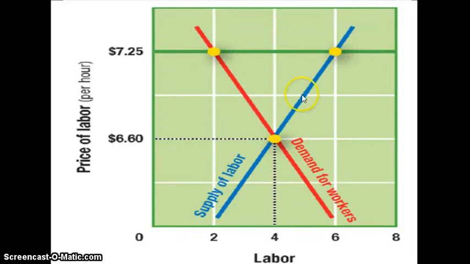So this is where the surplus happens, and really the only way to change the surplus is to either increase jobs and shift the demand curve all the way over here, or decrease the supply of labor and decrease the number of people who are working all the way over here, which is kind of hard to do.